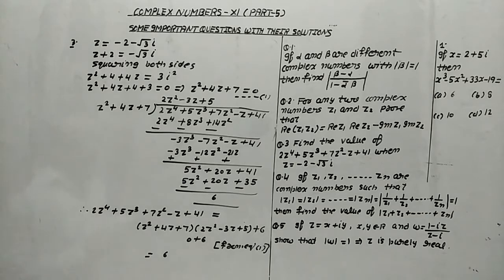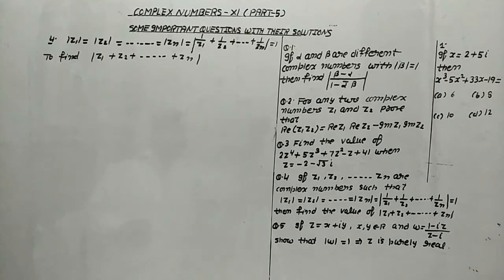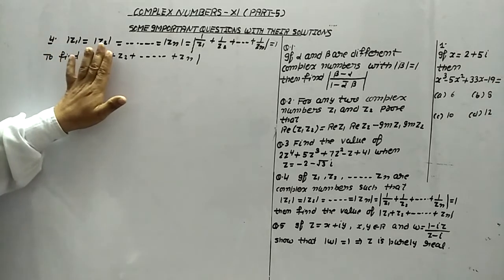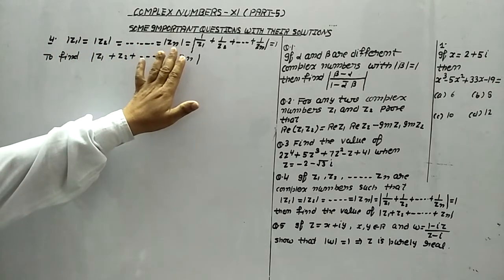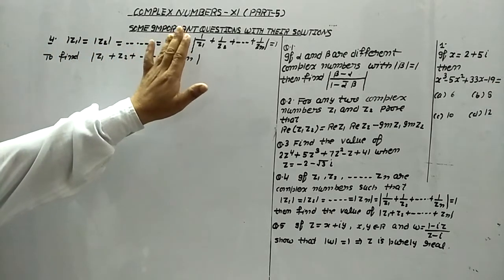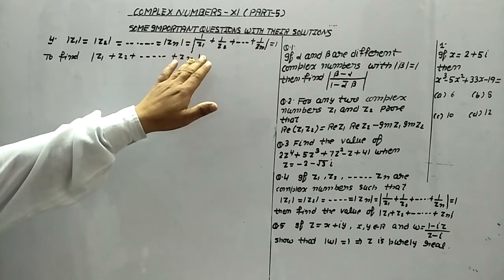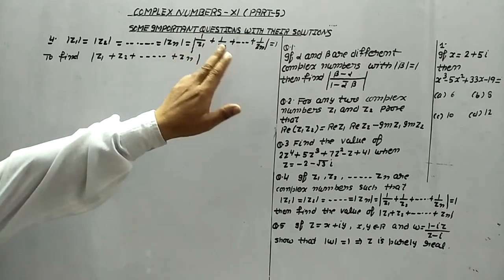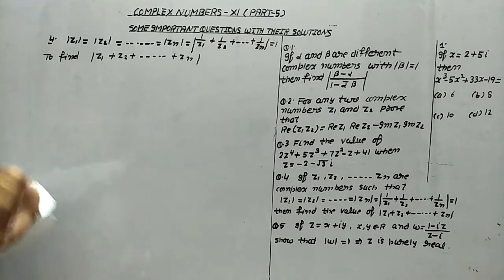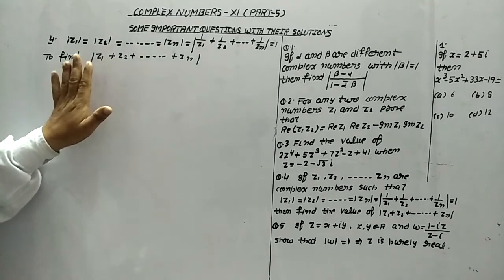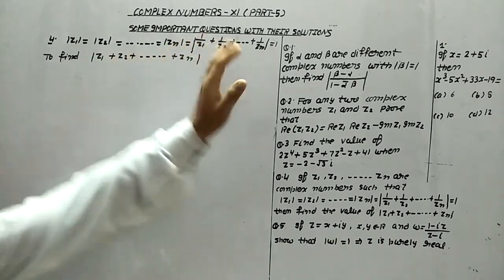Now let's start with question number 4. In question number 4, it is given modulus of z1 is equal to modulus of z2 is equal to and so on, modulus of zn is equal to 1, and modulus of (1 upon z1 plus 1 upon z2 and so on plus 1 upon zn) is equal to 1. We have to find the value of modulus of z1 plus z2 plus and so on plus zn.